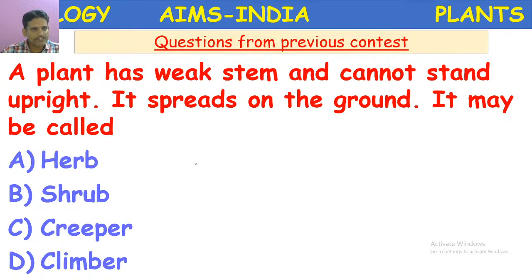A plant has a weak stem and spreads on the ground. You are still asking a doubt about venation in the leaf. Venation means the arrangement of veins and veinlets on the leaf.